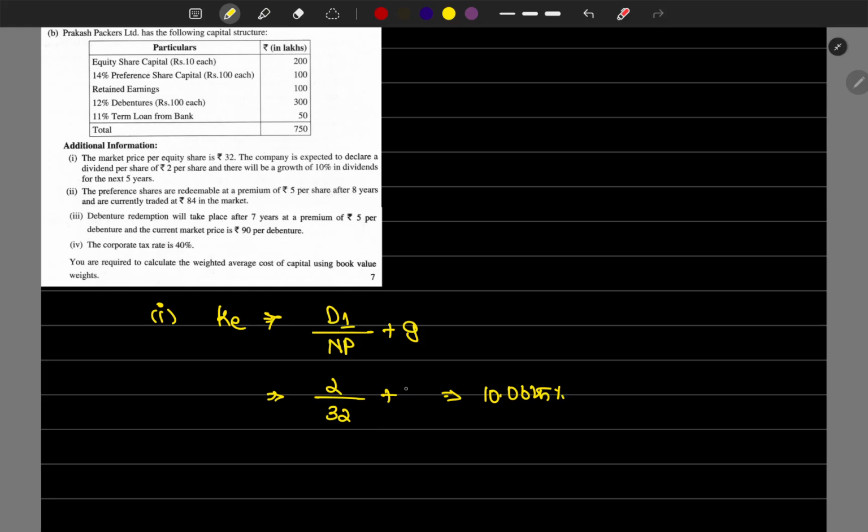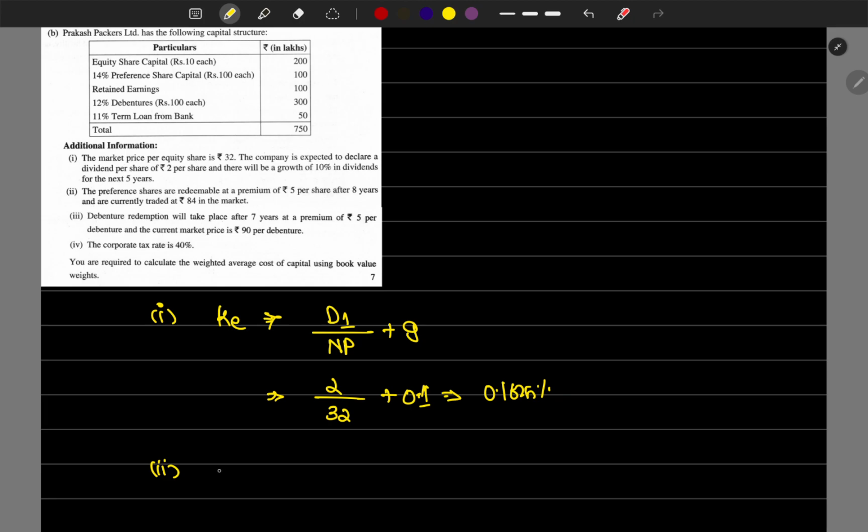Guys, this is not 10%, we have to change the percentage into decimal, so 2 divided by 32 plus 0.1 is 0.1625, the KE.